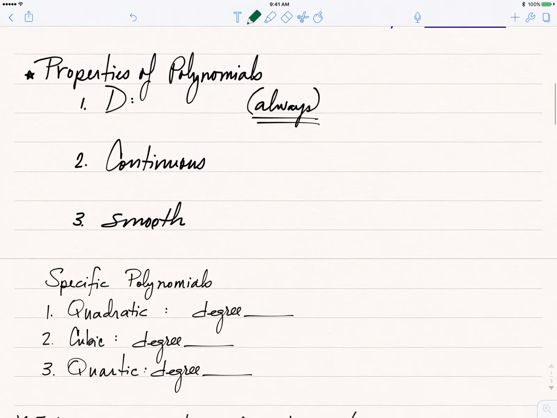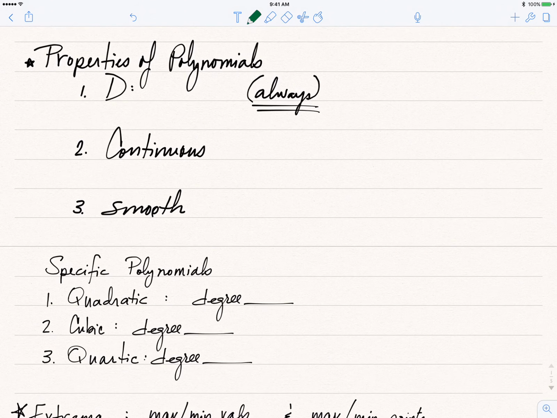Moving on to some more concepts here, some properties of polynomials. Polynomials always have a domain from negative infinity to positive infinity, all real numbers. And again, think about the quadratic. The quadratic is a specific type of polynomial, and we knew that the quadratic always had a domain of all real numbers. This is not a surprise.